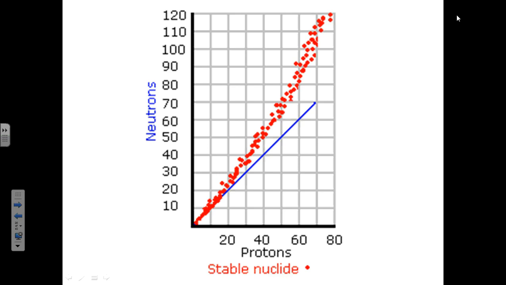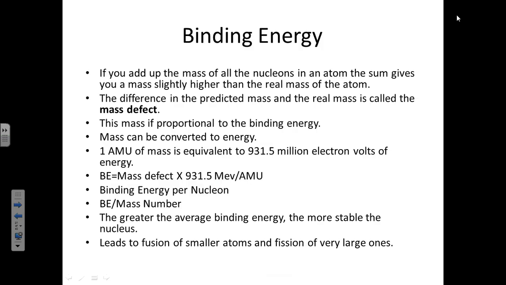That's what the blue line is showing us, if they were equal. And to begin with, the small atoms are essentially equal, right? But then when we get up to the bigger atoms, the red line is showing us what actually is the best ratio for stability. As atoms get bigger, they need more and more and more what? Neutrons to be stable. That's what it's trying to show us. More and more glue to hold them together.